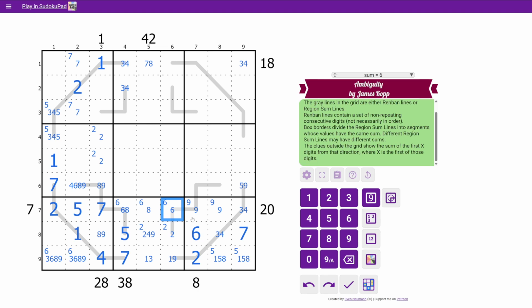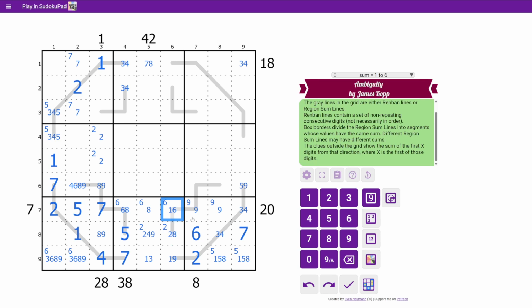And this would have to be an 8-1 right here in some order. Oh, it would have to be in this order. Because it couldn't be a 5-3. The 6 would be over here, so it couldn't be a 6-2. Oh, I'm doing a 9, idiot. So it couldn't be a 6-3. It couldn't be a 5-4. It couldn't be a 7-2. It would have to be an 8-1 in that order.